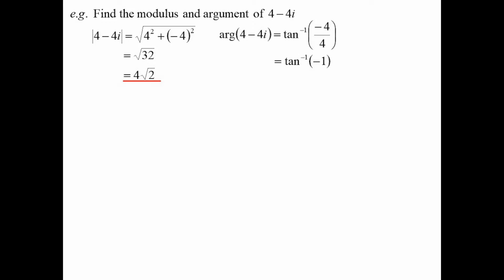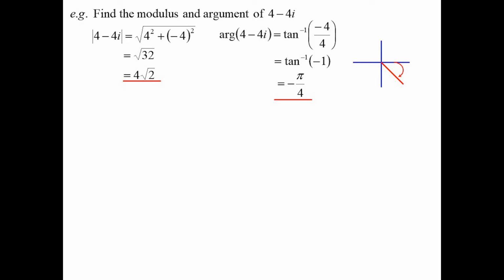Because negative 1 will give me a specific answer. But if I draw the diagram, negative 4 on 4 allows me to locate the position exactly. We know that the imaginary part is negative, the real part is positive, so I must end up with a negative acute angle. We're in that fourth quadrant, and so it'll be minus pi on 4.